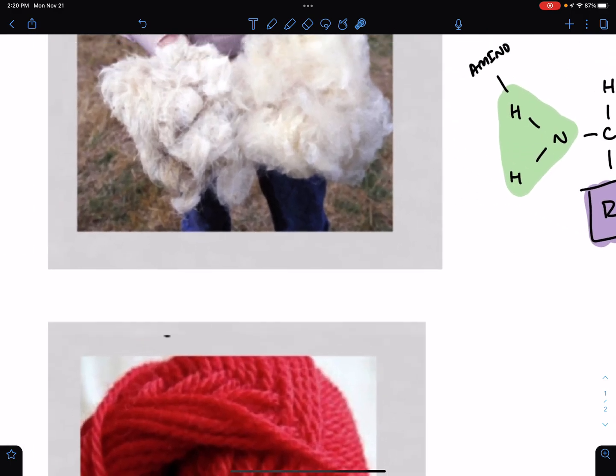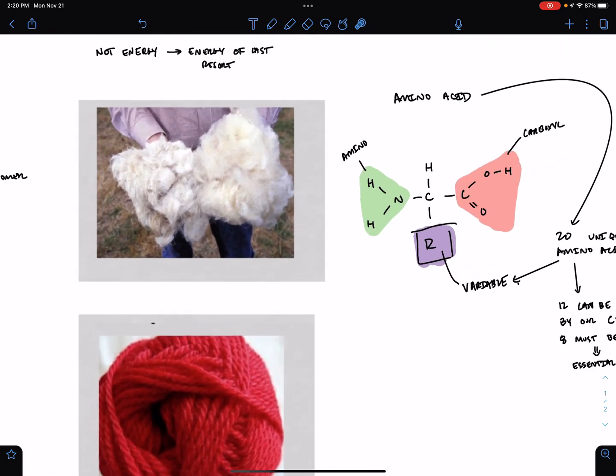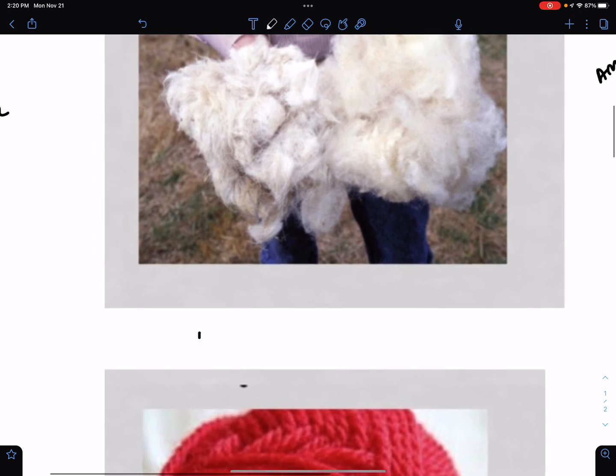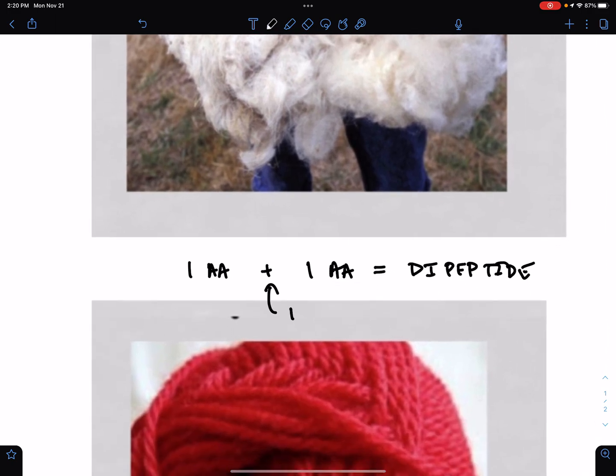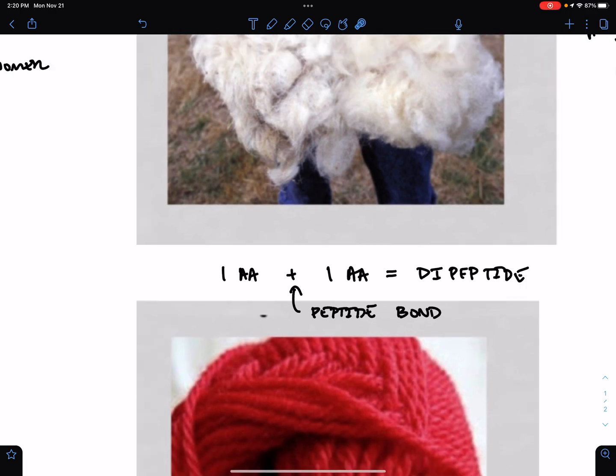Okay, so if you take 2 amino acids and you string them together, so if you had 1 amino acid and then you added to another amino acid, you would get what's called a dipeptide. The bond that is represented by this plus sign here is called a peptide bond, which is why 2 amino acids together is called a dipeptide.